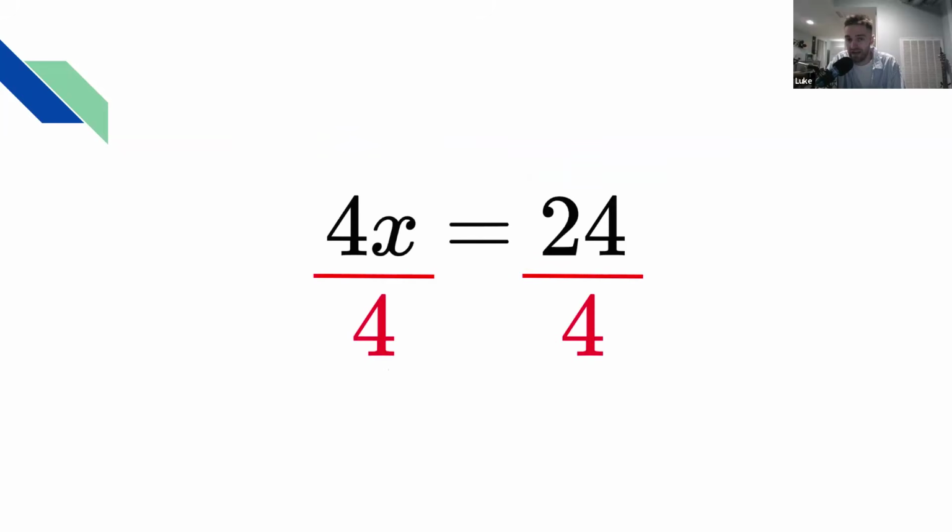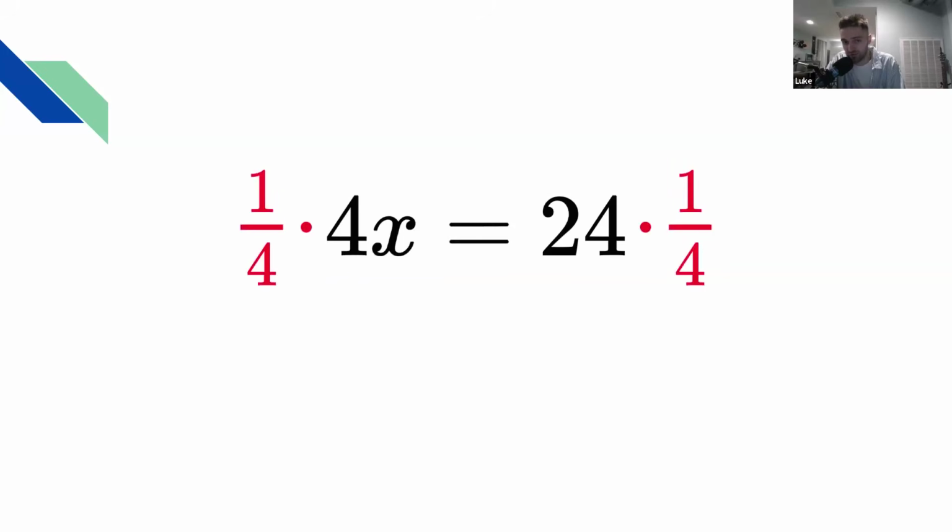What this looks like is that we're dividing both sides of the equation by 4, but doing that is the same thing as multiplying both sides of the equation by the fraction 1/4.